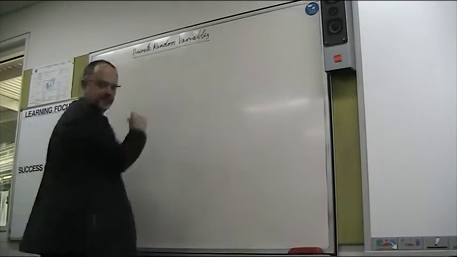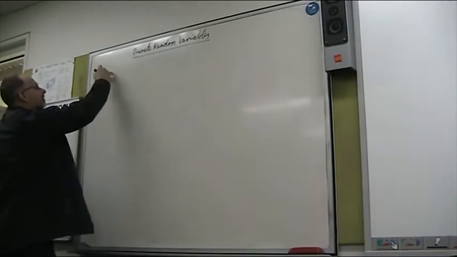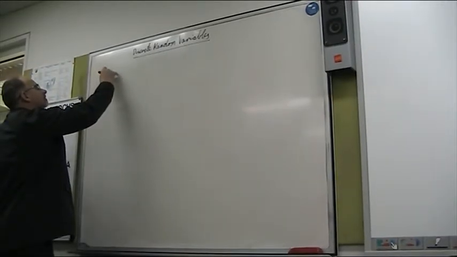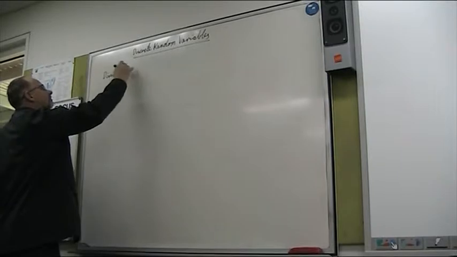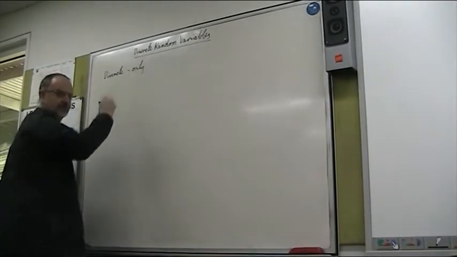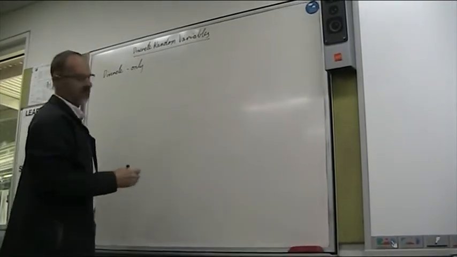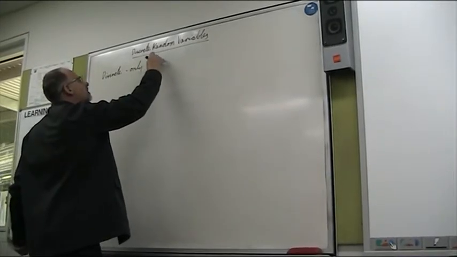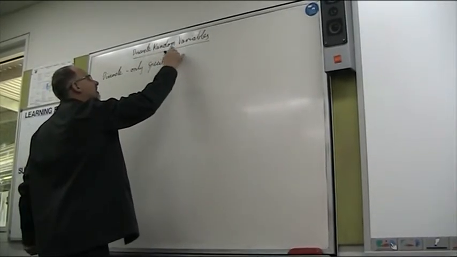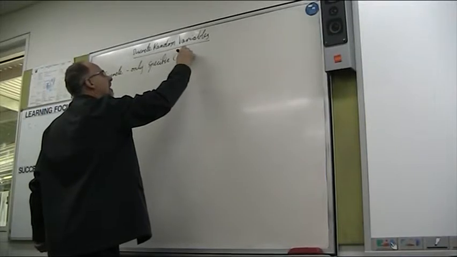Right. So discrete means only specific values, usually whole numbers.